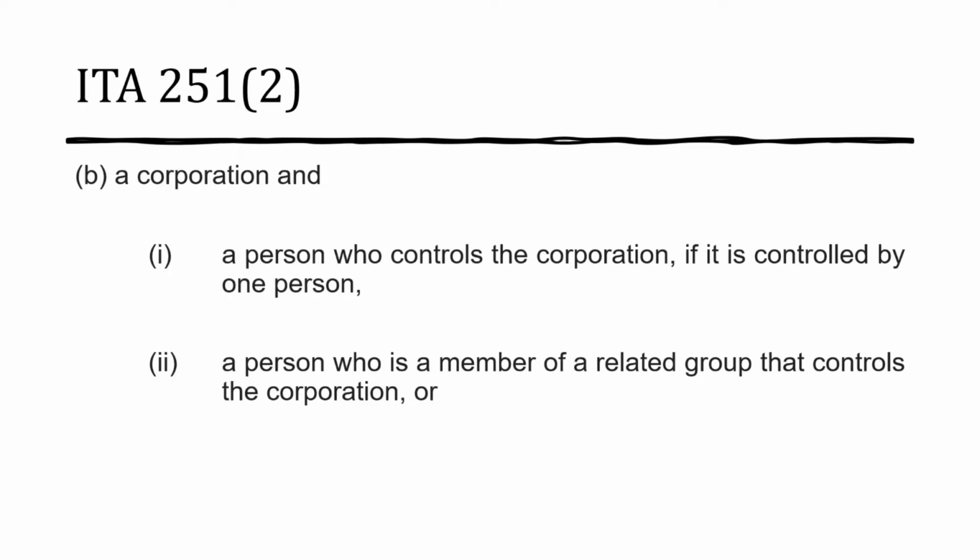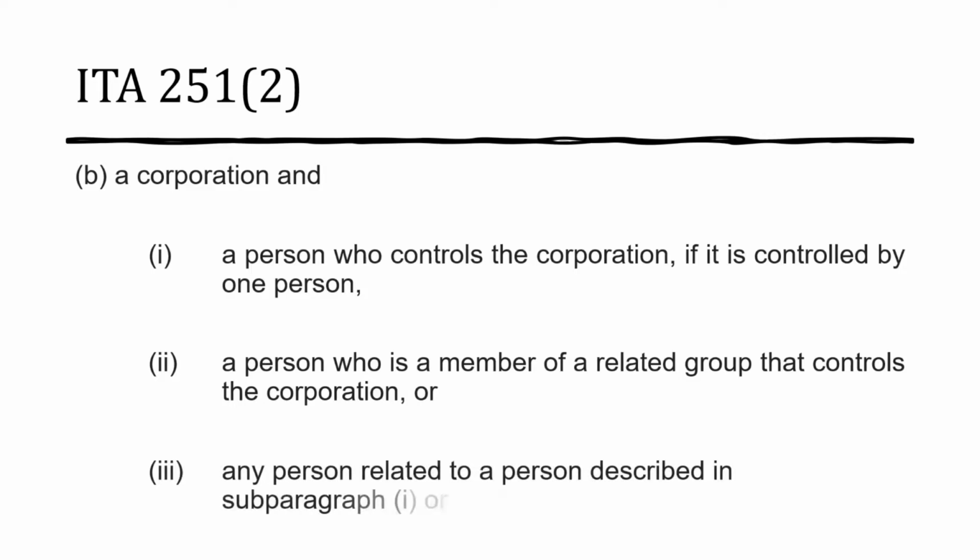I might not have control on my own, but as a member of that related group, the siblings that we all are, I would then be related to a group that controls the corporation, and as such, I would be considered related to the corporation. And subparagraph 3, any person related to a person described in subparagraphs 1 or 2. So if you are related to anyone that qualifies in subparagraph 1 or 2 that we just went through, you would be related to that corporation.